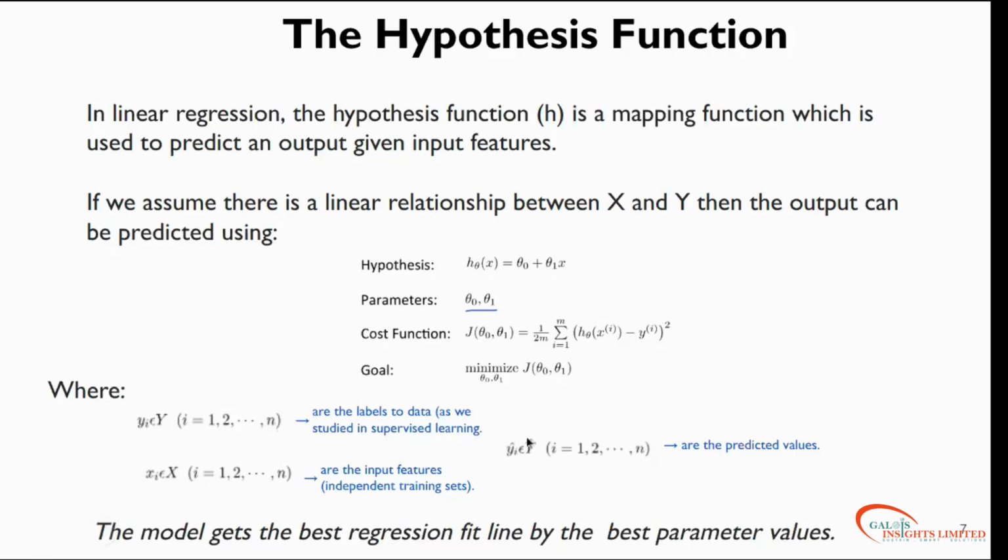Because our goal here is prediction, done by minimizing some model parameters, the y hat i values in the bigger y hat are simply the predicted values. I want you to take note of these notations as we proceed.